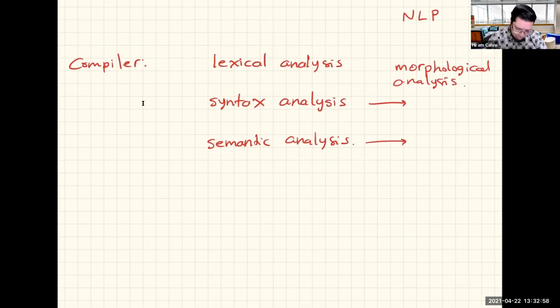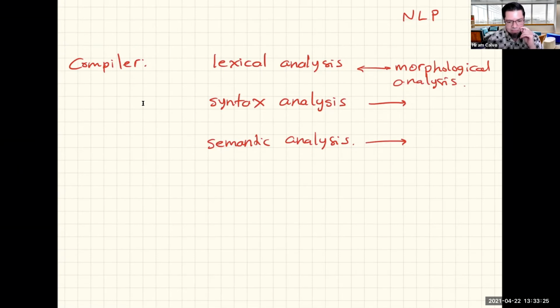Even though I'm writing morphological analysis, sometimes it's also called lexical analysis. So what is lexical analysis? Well, you go inside each word and you identify the parts that make up this word. For example, whether you are using a plural or not, like in word or words, or some kind of conjugation like play, plays.